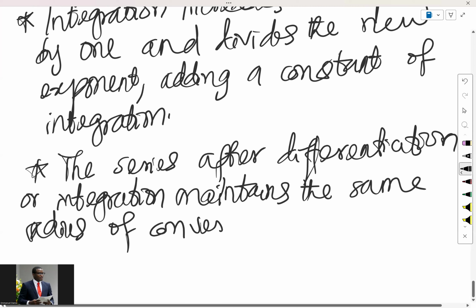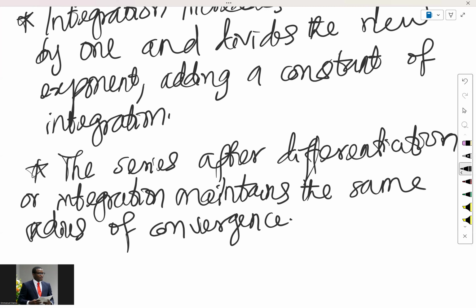So after you differentiate or integrate, the radius of convergence of the series doesn't change. It remains the same. Okay? So with this, we come to the end of differentiation and integration of power series.